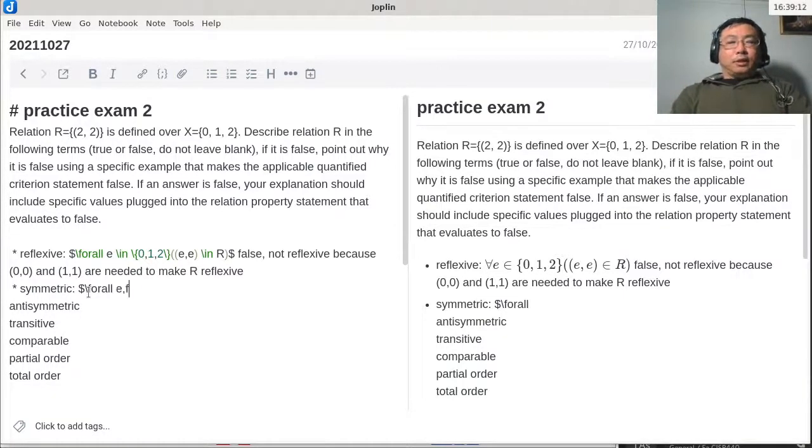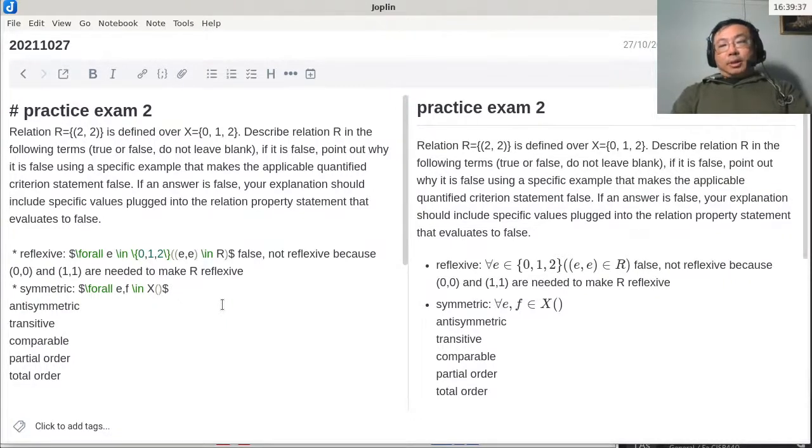So now we have E, F, and we say both of those are in the X that we are interested in. I'm going to close this right away so that you guys can focus on the right hand side. So what do we want in the parentheses this time in order for us to say that this relation R defined over X is symmetric?